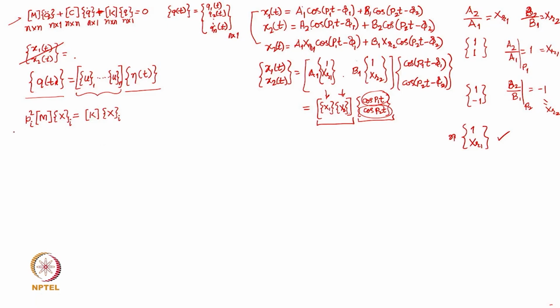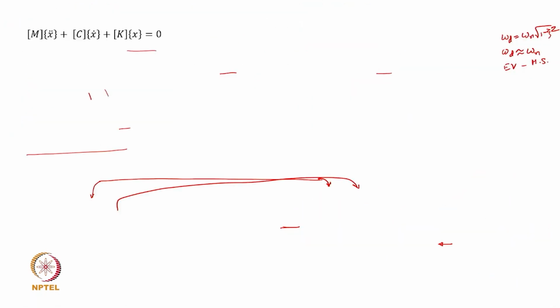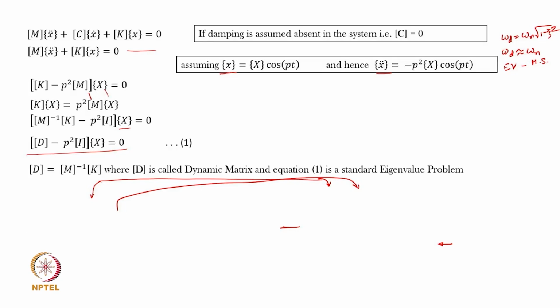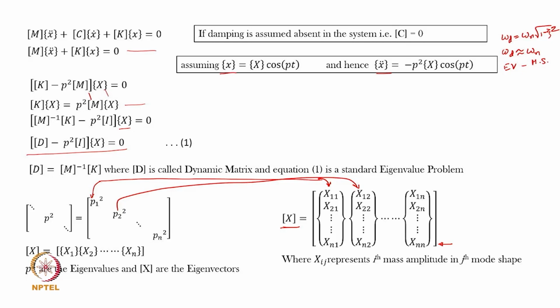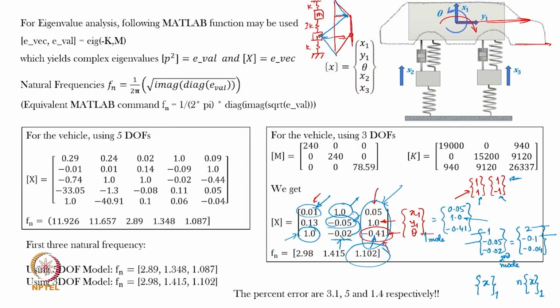So, based on the equation that we had solved here and got this kind of an expression, p squared m into X is equal to k into X. We will start from this particular equation where capital X is one of the mode shapes or a modal vector, and p represents that particular natural frequency. Okay.